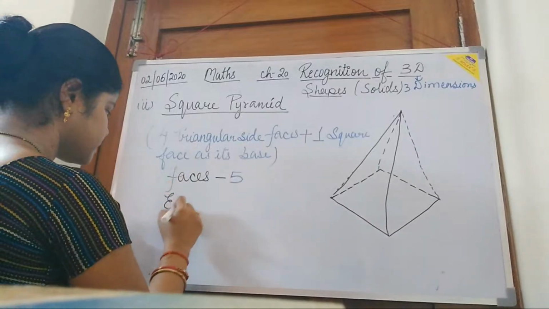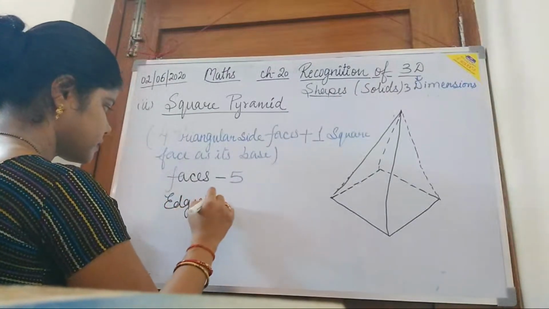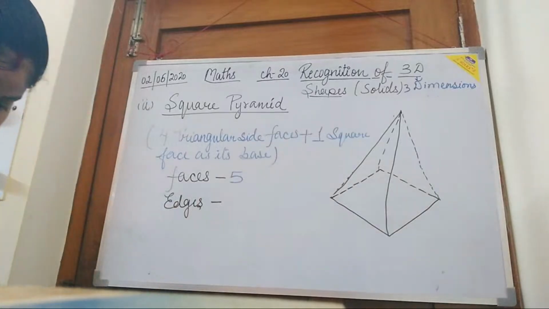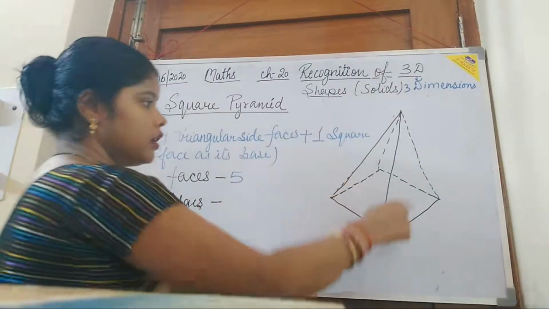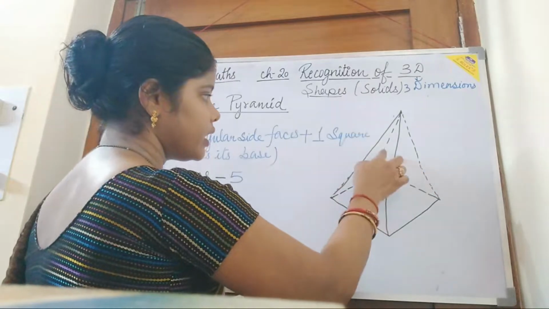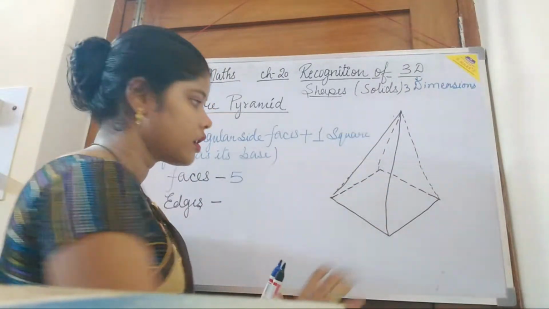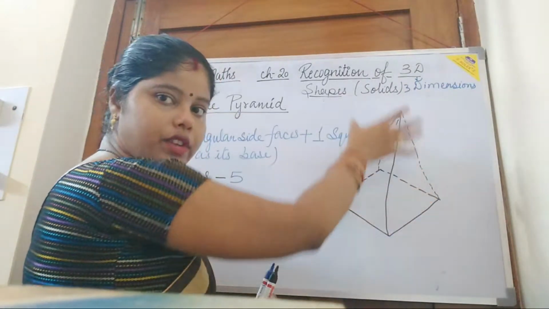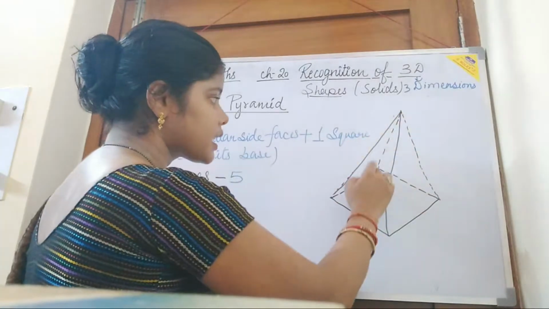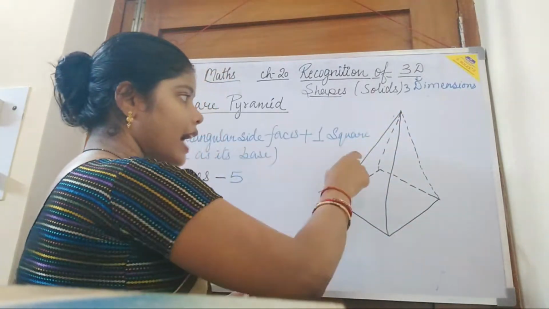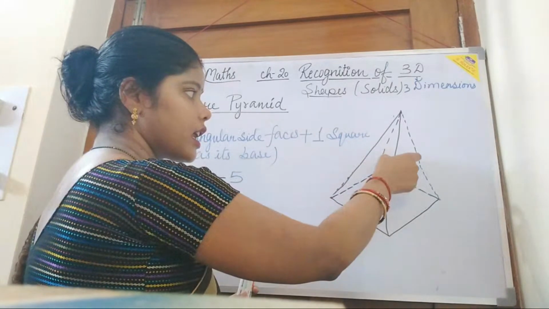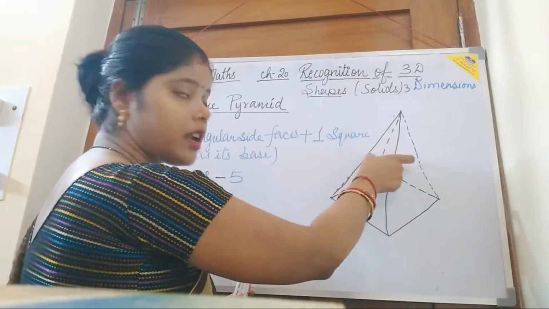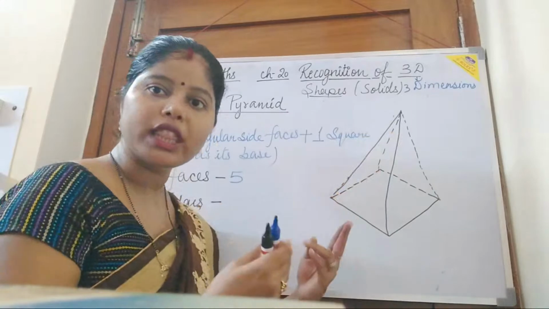Edges: 4 edges of the square where the triangular faces are connected with the square base, and the other triangular edges which are interconnected with each other.